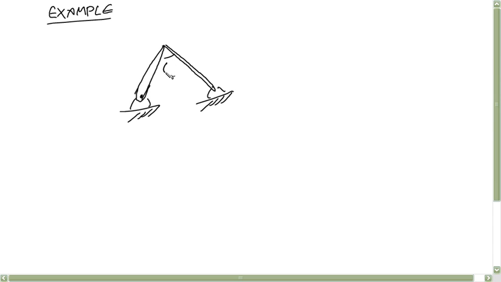Let's say this angle is 60 degrees, and these two lengths are each 1 meter. And, sorry, this isn't friction. So this one just makes contact with the ground over here. This ground makes an angle of 20 degrees with the horizontal.